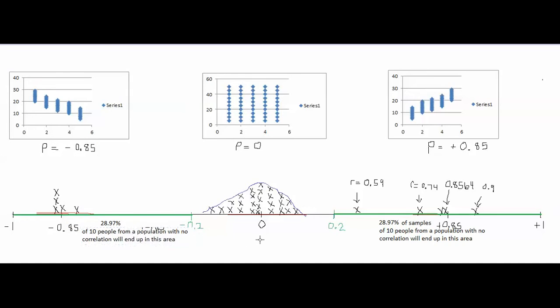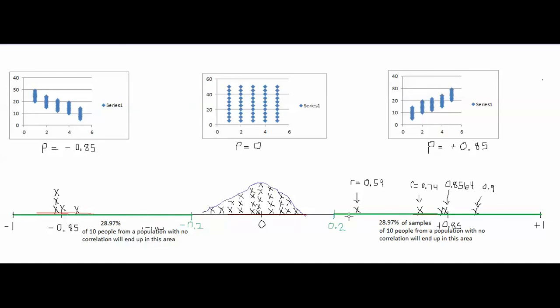And if this is the case, then what that means is that each time we select a random sample of 10 people from a population with no correlation, that sample has a 28.97% chance of ending up in this area and a 28.97% chance of ending up in this area.